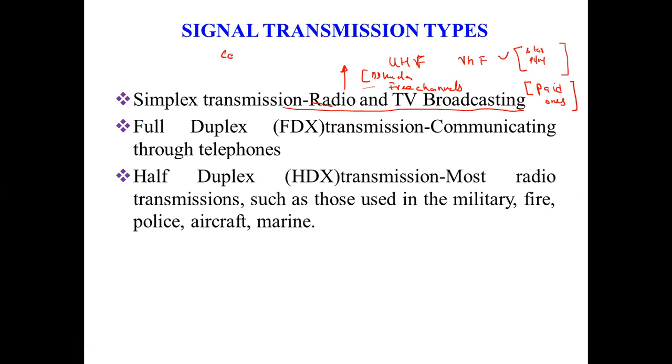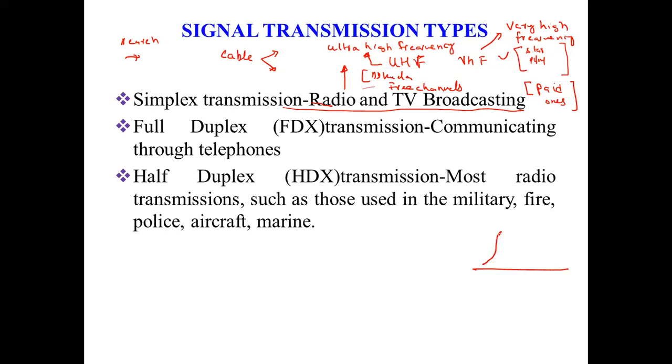If you have cable at your home, you can find UHF and VHF in the search. UHF means ultra high frequency, and VHF stands for very high frequency. These frequencies have a bandwidth, as I have told you.